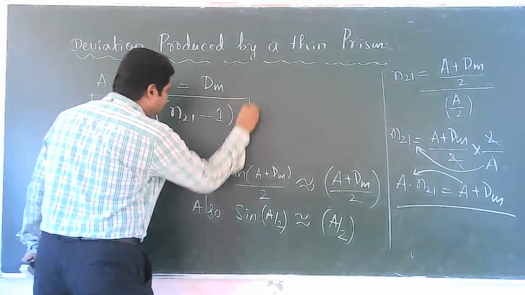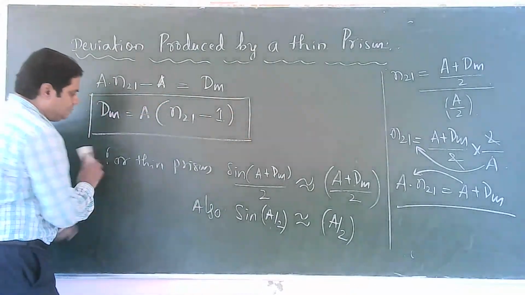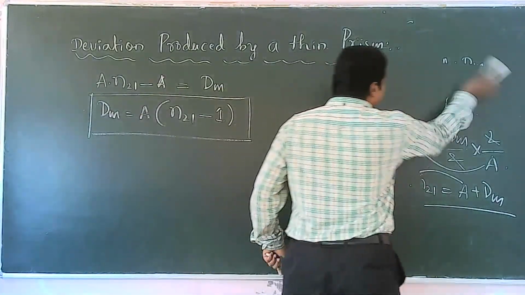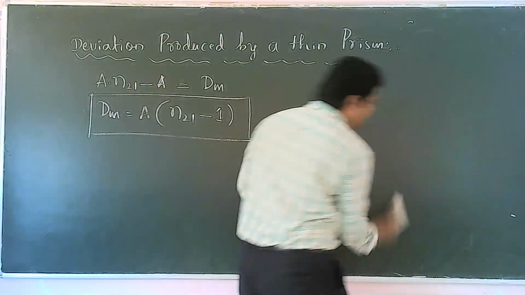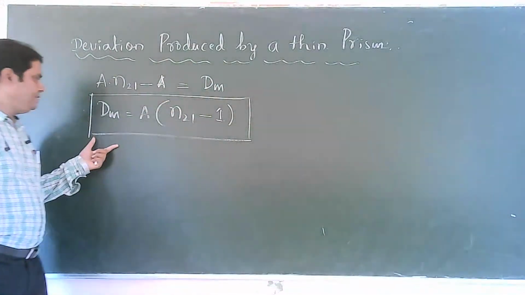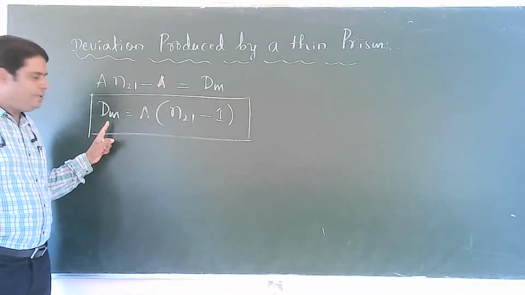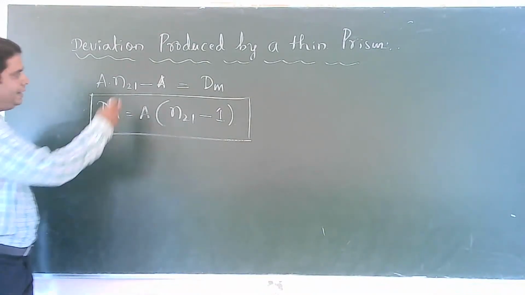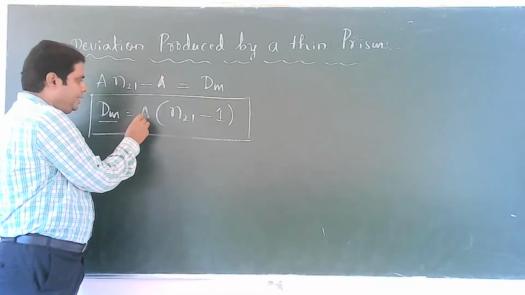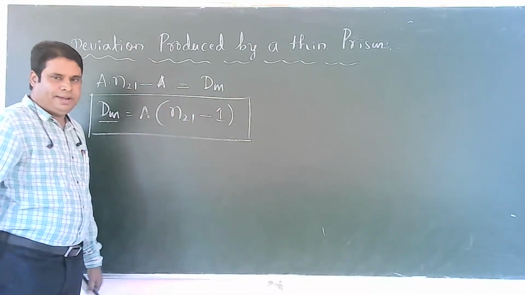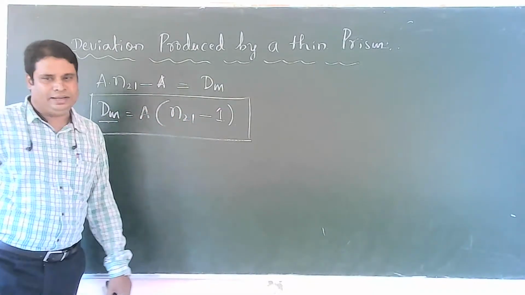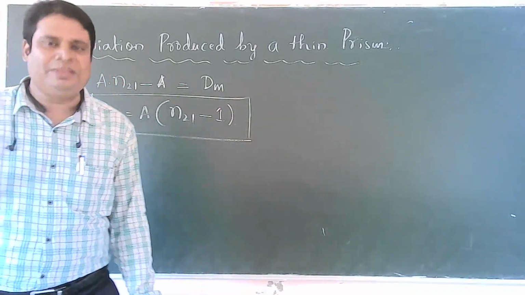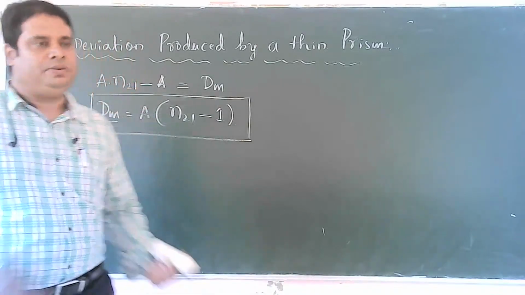This is the expression for the deviation produced by a thin prism. Simply you can write n here. This equation is helpful while solving problems.